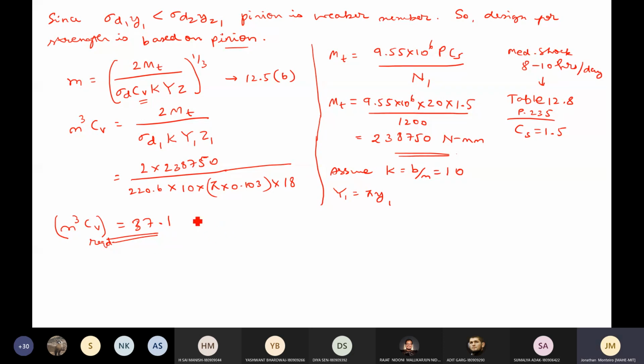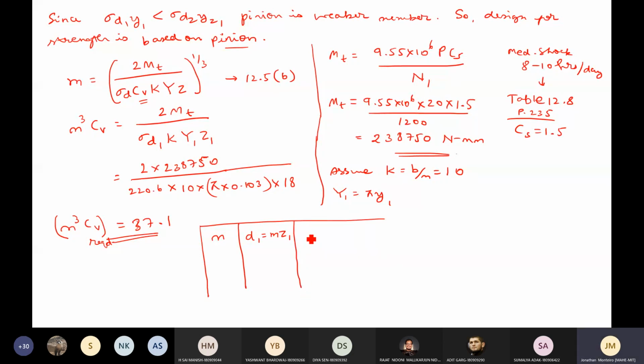So now, as in the previous problem, we'll start to iterate. Okay, I'll put the table over here. So the first m value we will choose. Then d1 is m into z1.